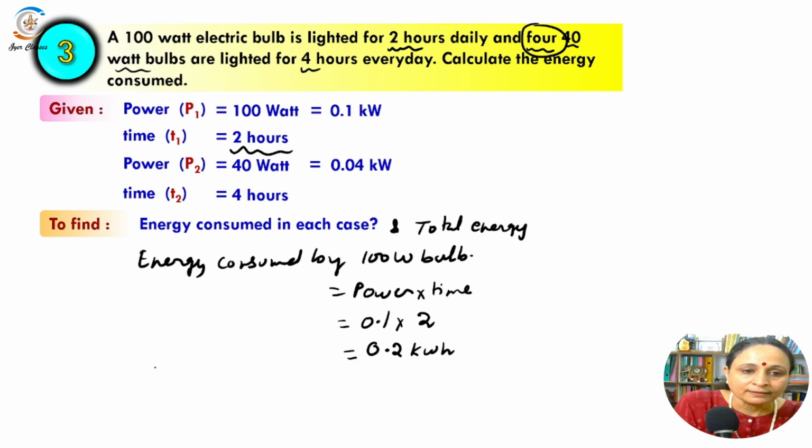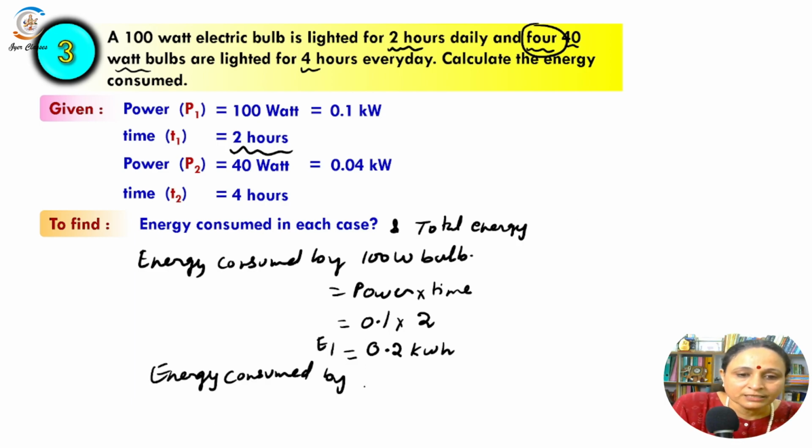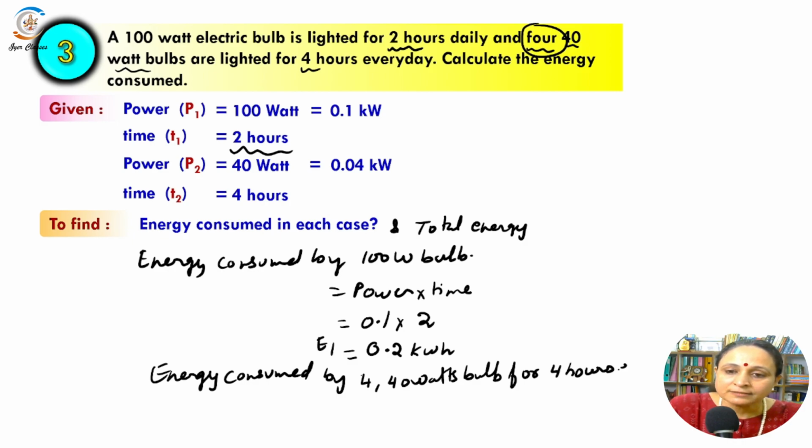Now what is the energy consumed by 4 40 watts bulbs for 4 hours each? So that is power into 4 bulbs multiplied by time.